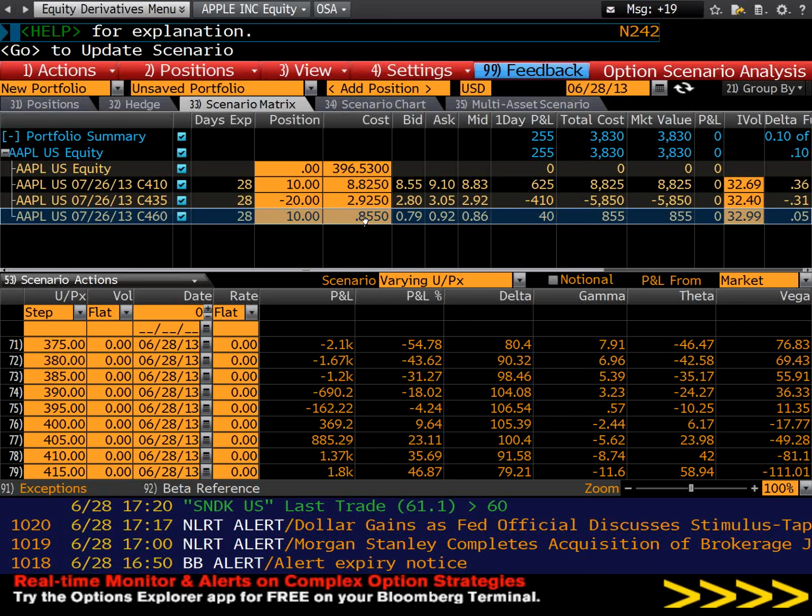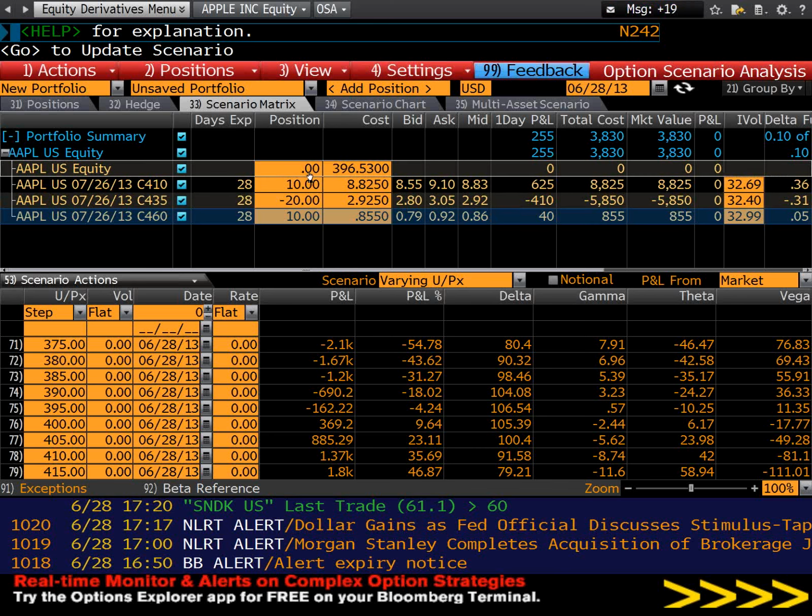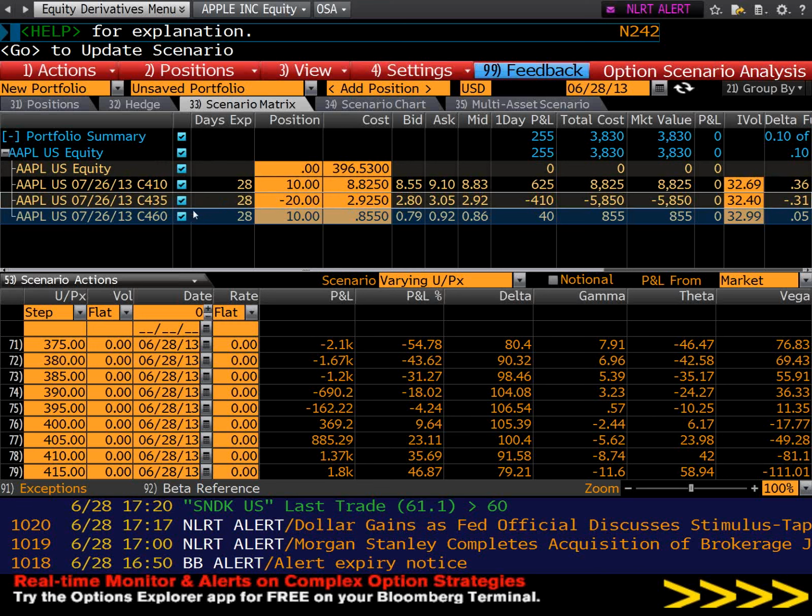The stock goes to 500 and it's now expiration. Your 410s are worth 90 bucks. Your 435s, you've got to pay out 130 bucks, right? $65 times 2. But you're also making another 40 bucks on the 460s.